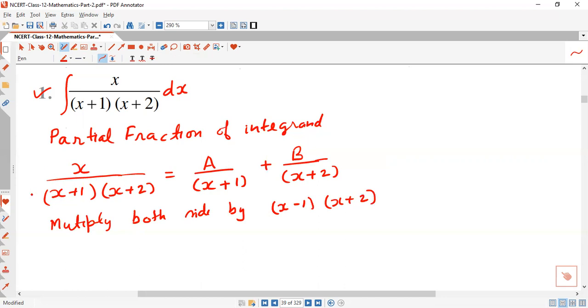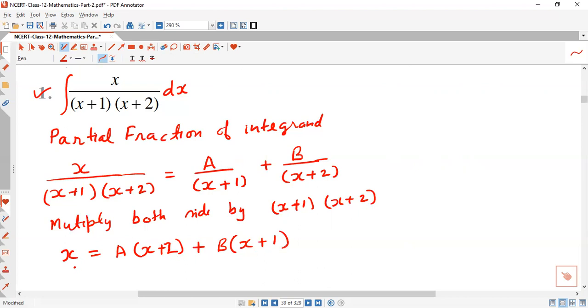So what we are getting is x equal to a times x plus 2 plus b times x plus 1.